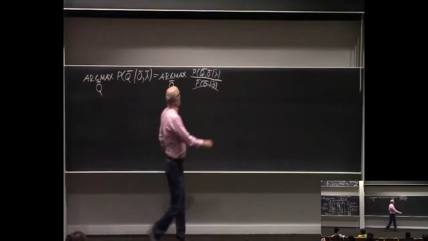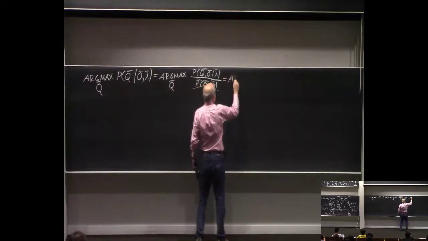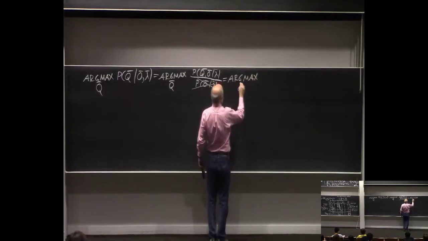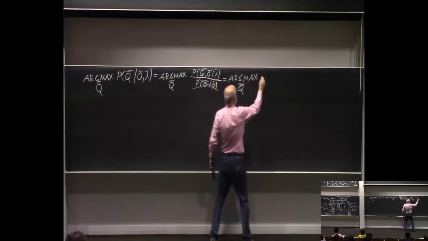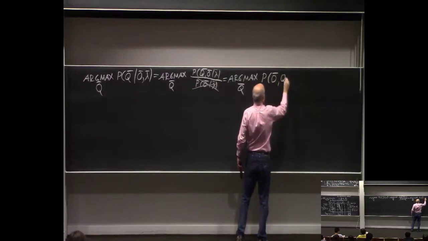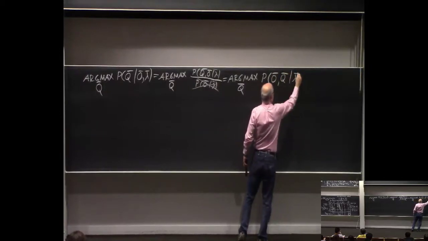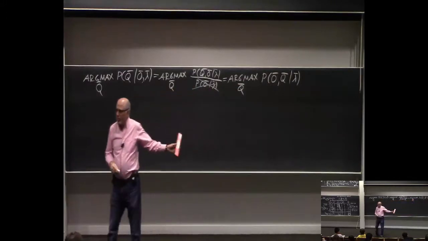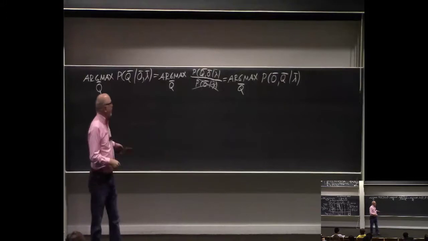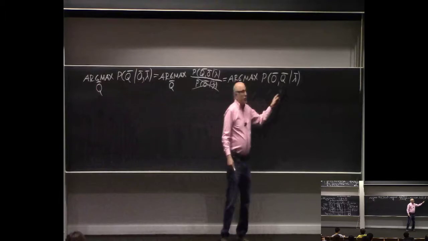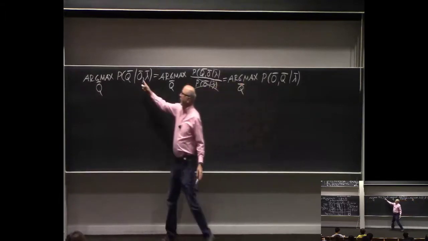So I just converted it into an argmax of the joint probability P of O and Q. I write them in different order, it doesn't matter. I hope I didn't lose you here. I'm saying that whatever maximizes this also maximizes this jointly. I basically allowed myself to move the O to this side.